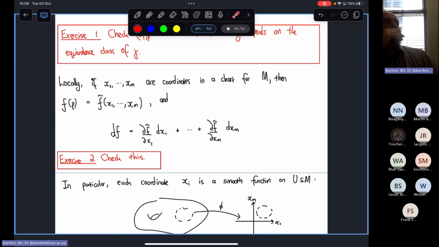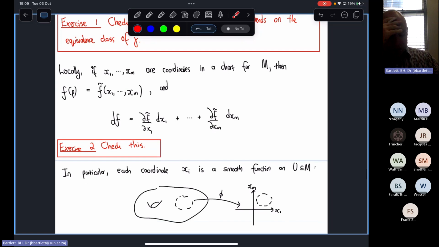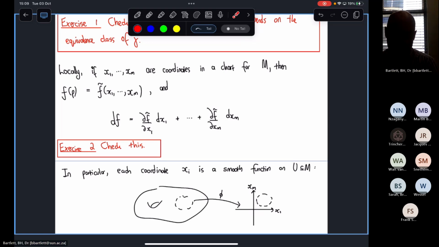So for example, every coordinate inside a chart is itself a smooth function, right? So if I've got a chart on the manifold, then I could take one of those coordinates, xi, and that would be a function on that chart, a smooth function. And what would be the differential of that function?